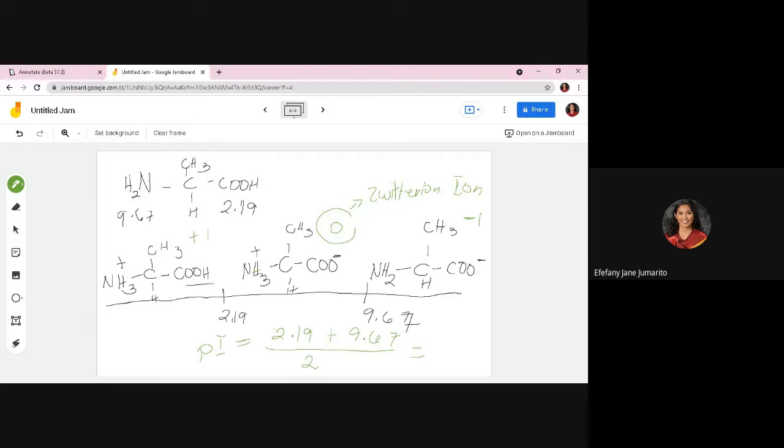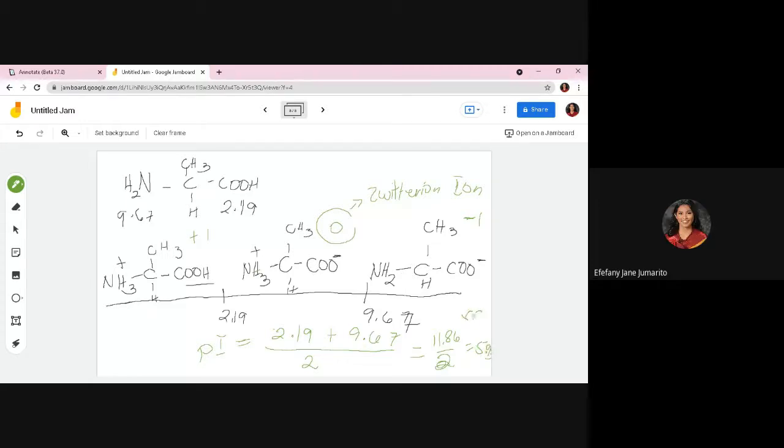Okay. 2.19 plus 9.67 is 11.86, divided by 2, that is equal to 5.93.